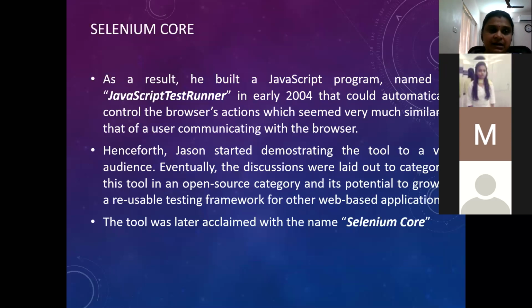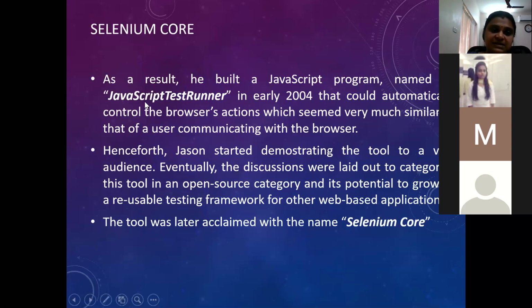Originally, not sure if some of you have used any type of test scripting, long ago there was something like the JavaScript test runner. What they used to do is simulate anything on the browser, like if a user is communicating with the browser, those steps can be simulated.